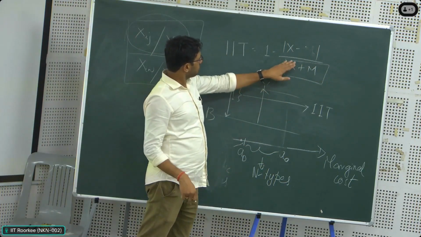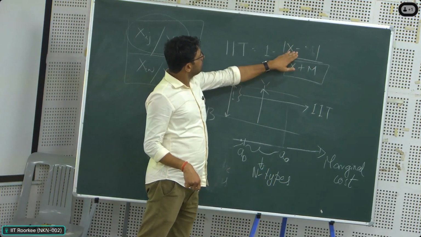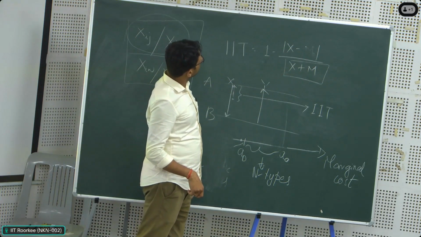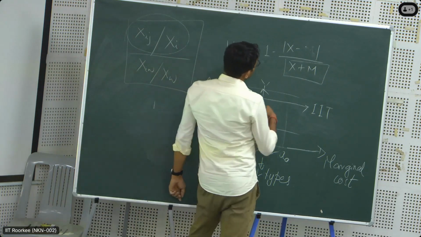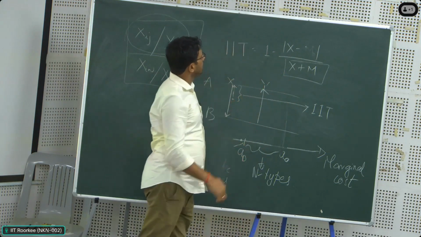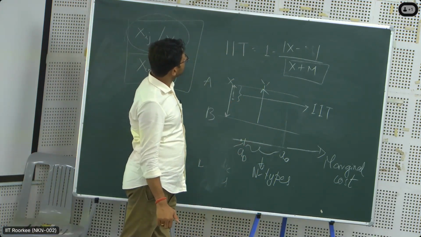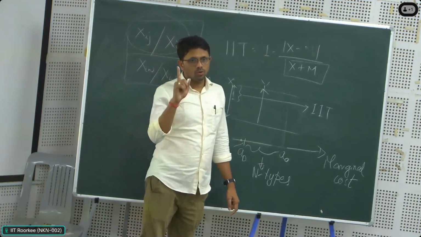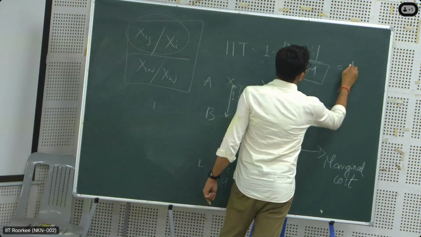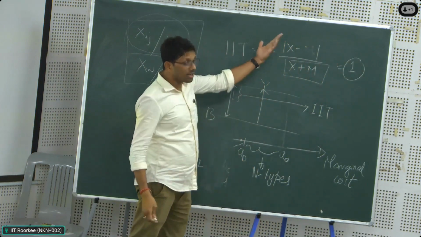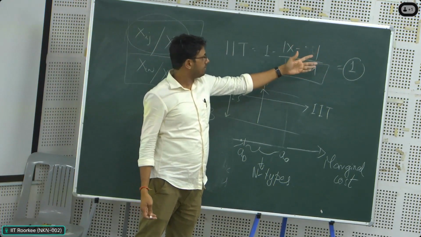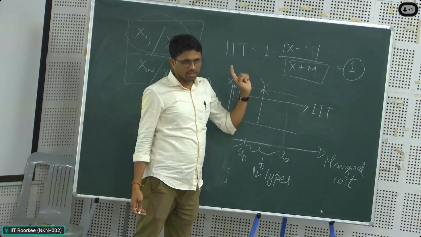That means import is 0. That means how much? Export minus import, minus X. So that is basically how much? X cancels. It is M by M equal to 1. Extreme value: if it is 100% export but no import in that segment, then the IIT value is equal to 1.